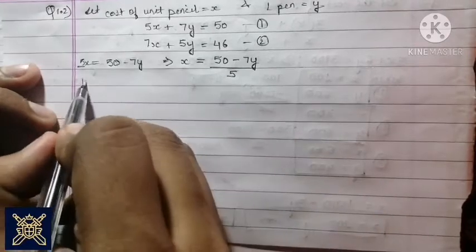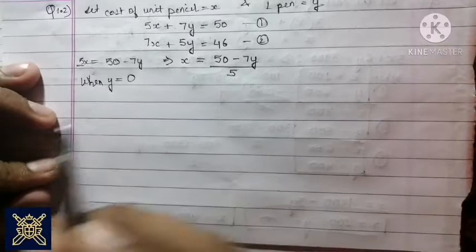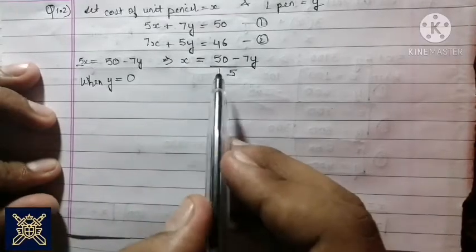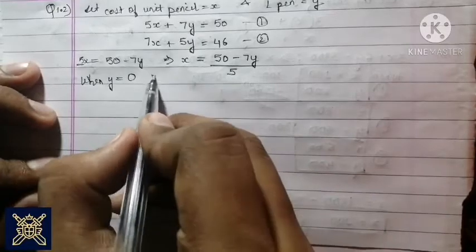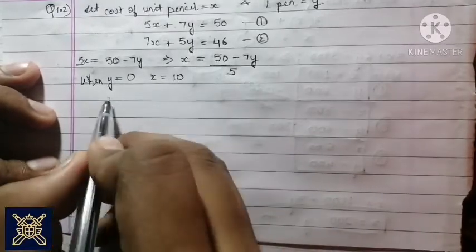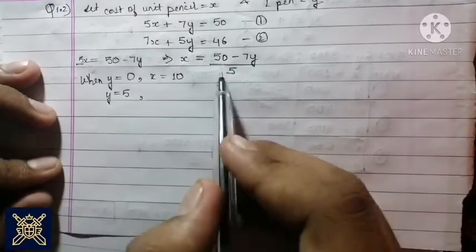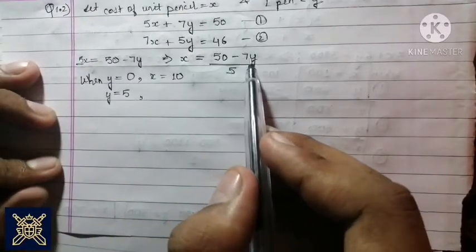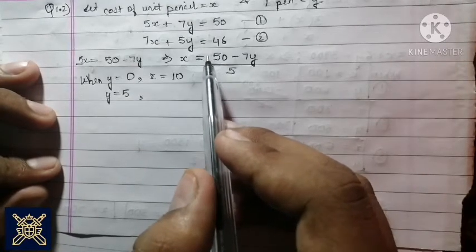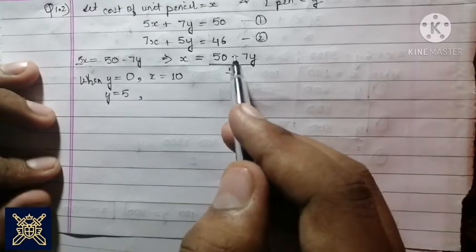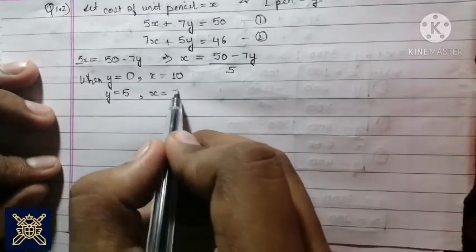When y is equal to 0, x is equal to 50 minus 0 by 5, that is 50 by 5, so x is equal to 10. When y is equal to 5, 7 fives are 35, and 35 subtracted from 50 leaves 15, and 15 by 5 gives x is equal to 3.